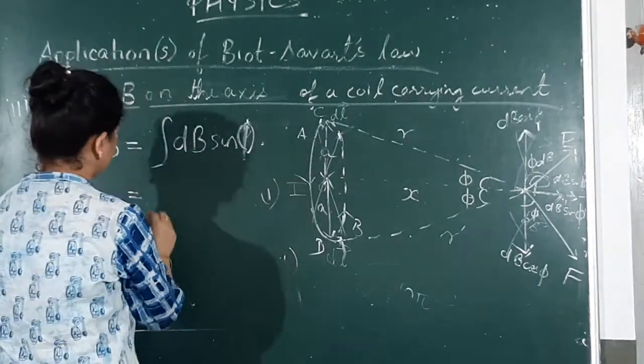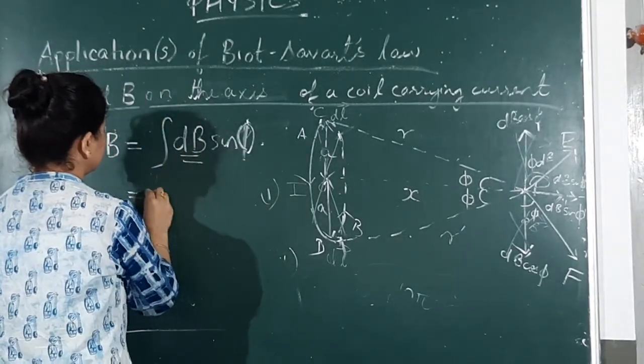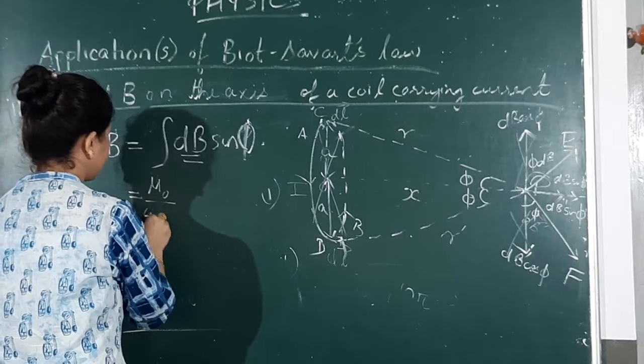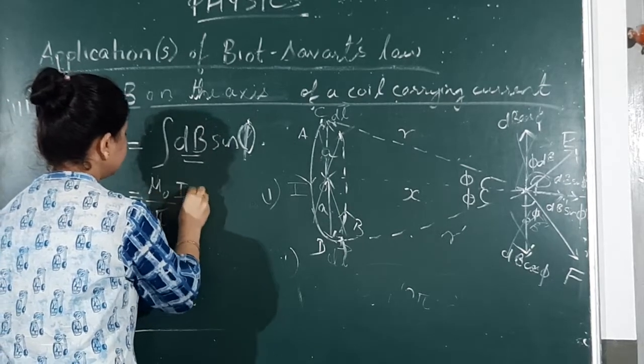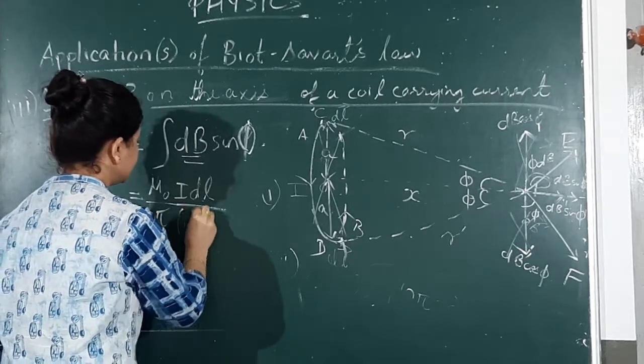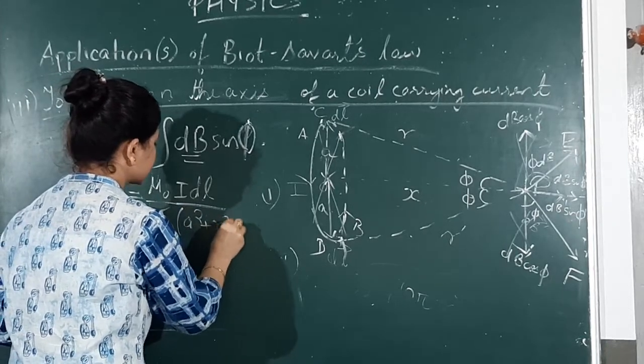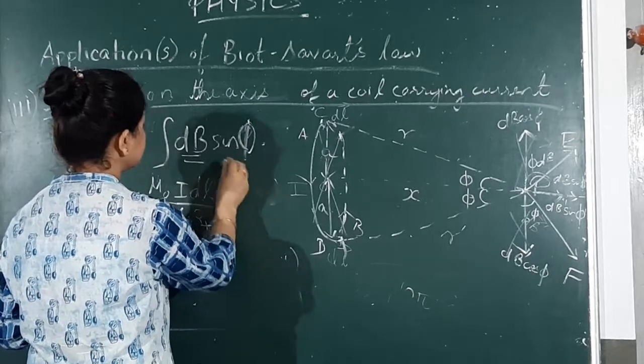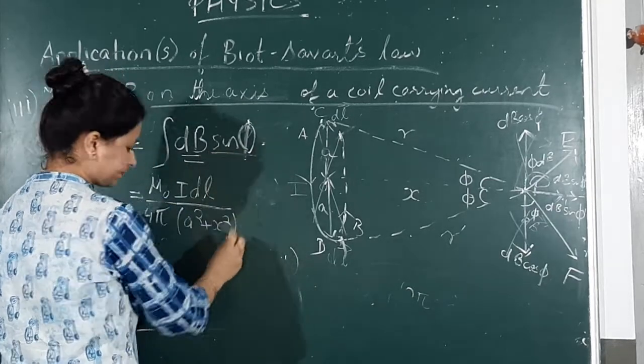Now what is dB? Mu naught by 4 pi I dl divided by r square, that is a square plus x square, and sin phi.